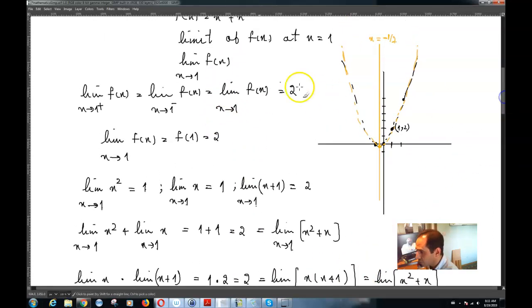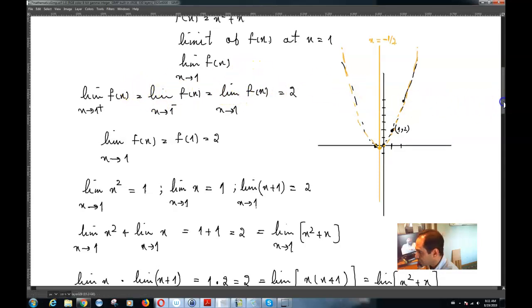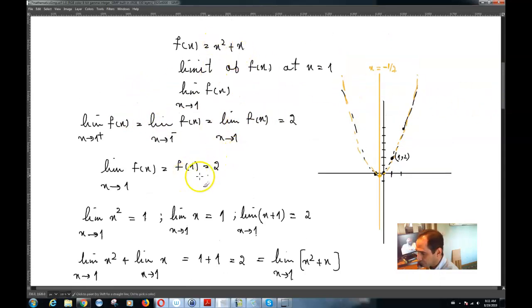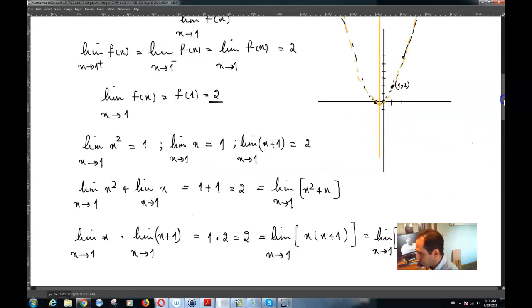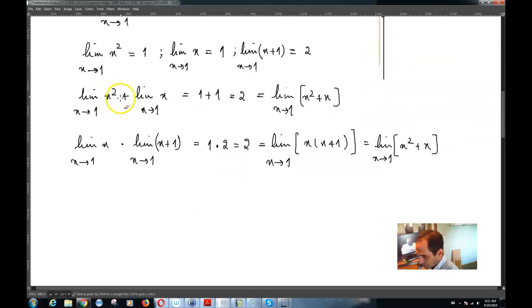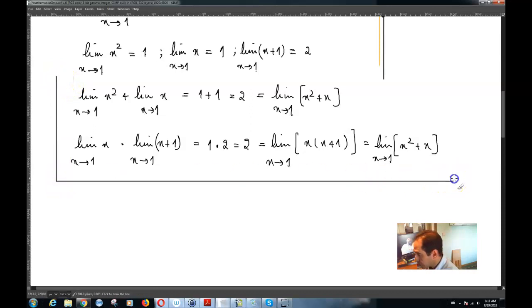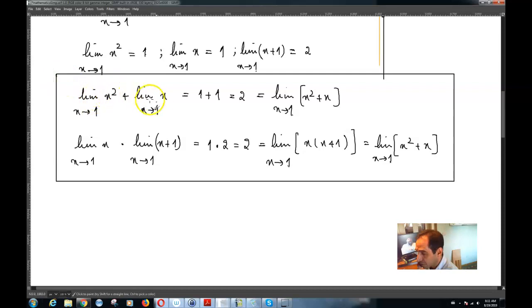So, in short, the limit of x squared plus the limit of x, in both cases as x tends to 1, is equal to the limit of x squared plus x as x tends to 1.